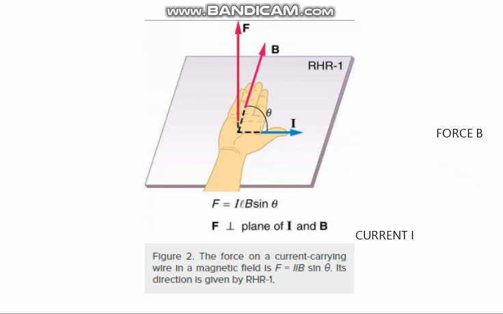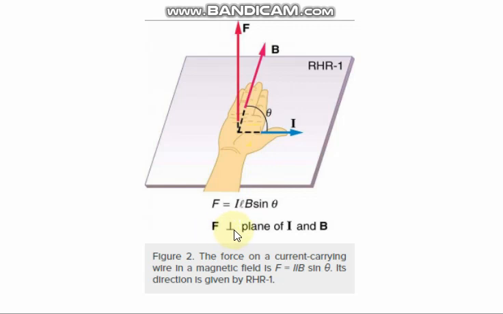If we spread our palm such that the fingers point in the direction of B, and the thumb is stretched perpendicular to the palm and indicates the direction of the current in the wire, then the normal to the palm will give us the direction of the force acting on the current carrying wire, which is carrying current I in this direction and is placed in a magnetic field directed in this direction.